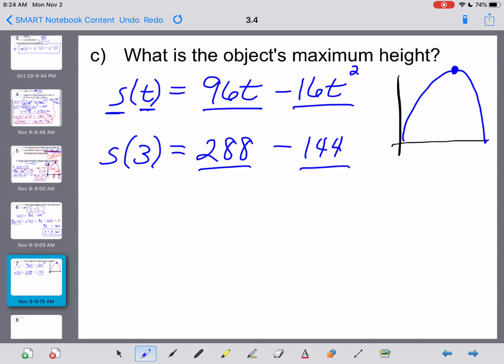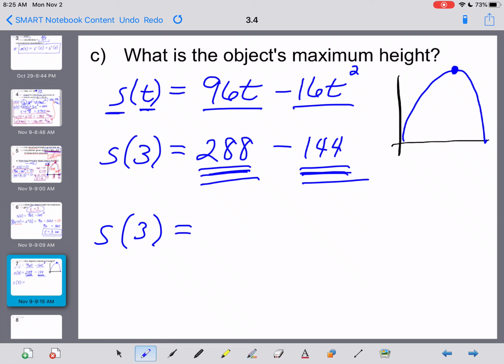At the vertex of every parabola, your linear term is always going to be twice as big as your quadratic term. That will happen in every single quadratic function you ever deal with. Furthermore, their signs are always going to be opposites. In this case, because the parabola opens downward, the linear term is positive and the quadratic term is negative. Sometimes that'll be vice versa if the thing opens upward.